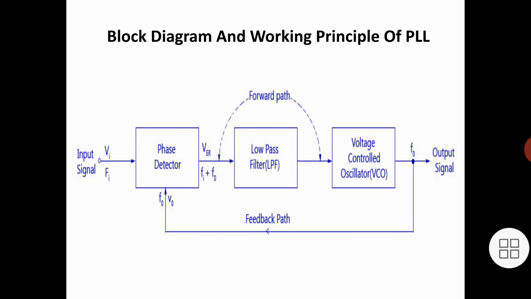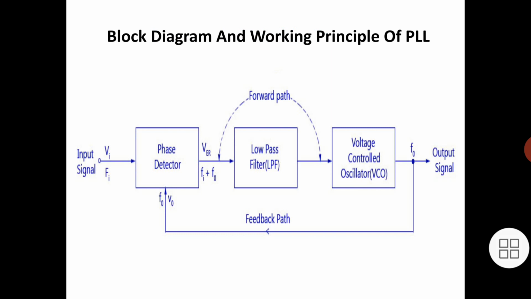Here we are applying input signal Vi and VCO output voltage V0, so the phase detector output will give VE. When the phase sensitive signal from the phase detector is passed through the low pass filter, the high frequency sum component is filtered out. The low frequency difference component passes out of the filter and is then amplified by the error amplifier A.